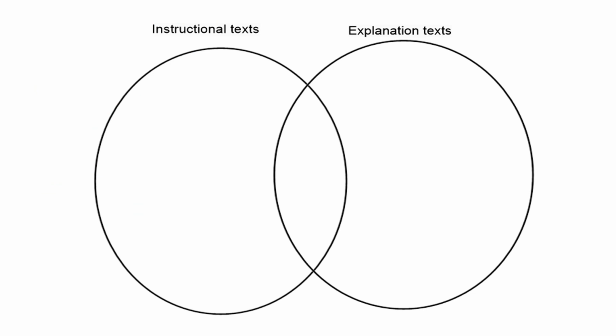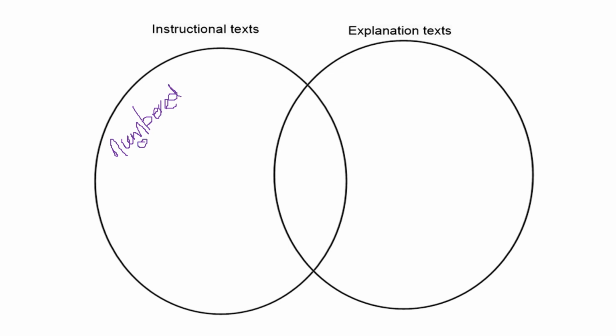In your packs, you will have a Venn diagram that looks like this. What I want you to do is write out all the things that instruction texts have, all the things that explanation texts have, and then in the middle, I want you to write out anything that they have in common. So for example, what an instruction text has and what an explanation text doesn't have is it has a numbered order.